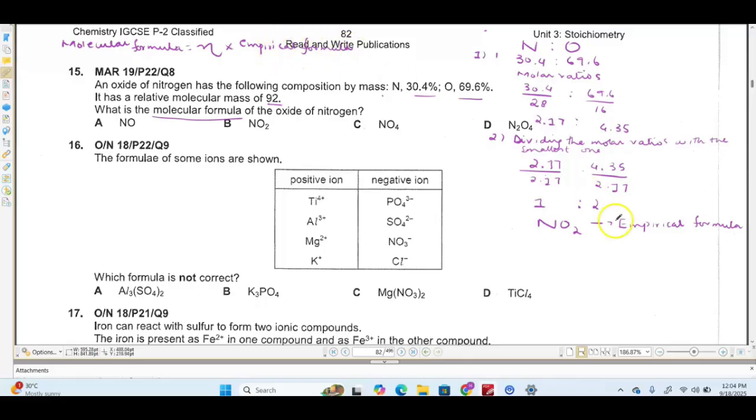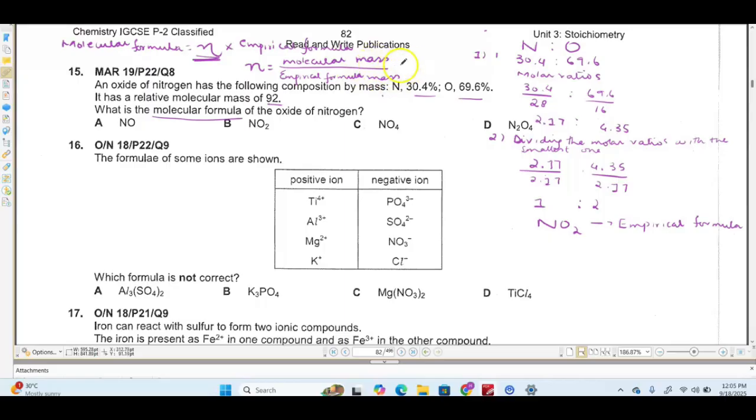We know what our empirical formula is, but we don't know what n is. This n has its own formula, which is molecular mass by empirical formula mass.